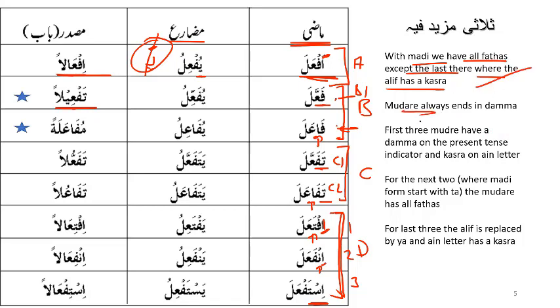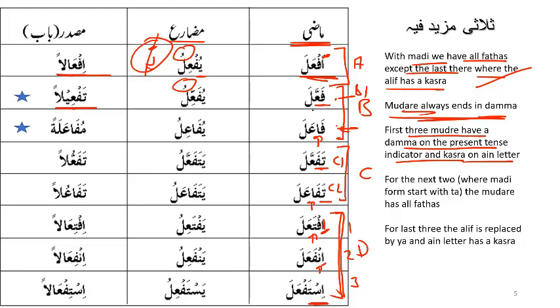So that's this point. Mudare always ends in dhamma. So with fail mudare, the standard is to always have a dhamma at the end. The first 3 mudare have a dhamma on the present tense indicator and kasra on the ayn.